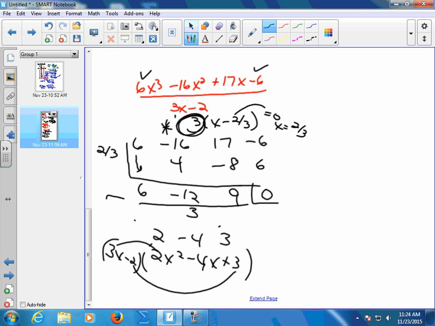Chances are, if you get the front one and the end one correct, you probably got the middle ones correct. Because if the middle ones were not correct, you would not have gotten the last ones correct. So rather than multiplying it all out and gathering up all my like terms, just check the front one and the last one. That tells you you got your synthetic division okay.